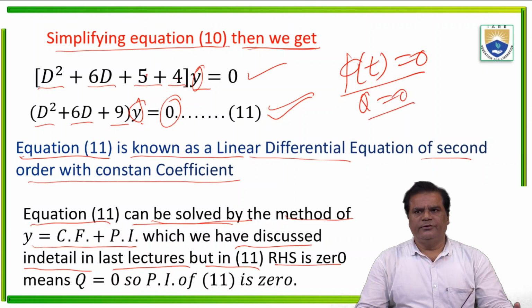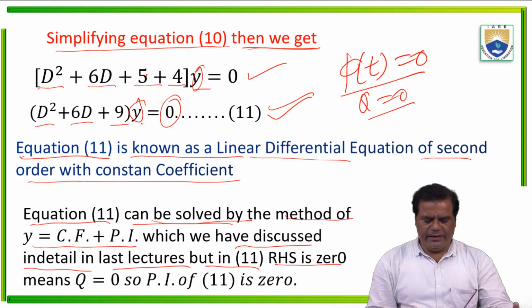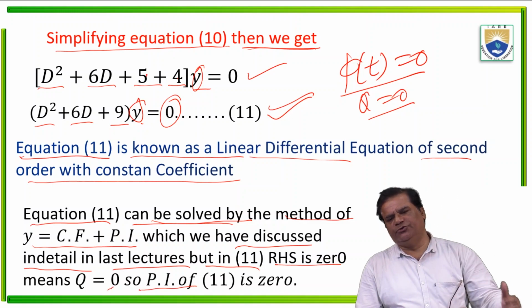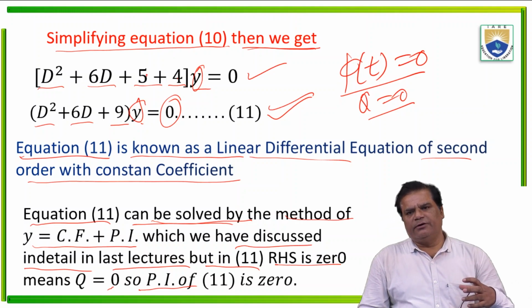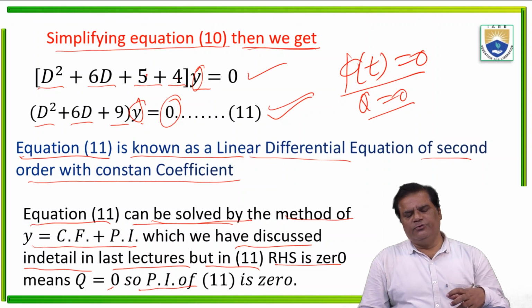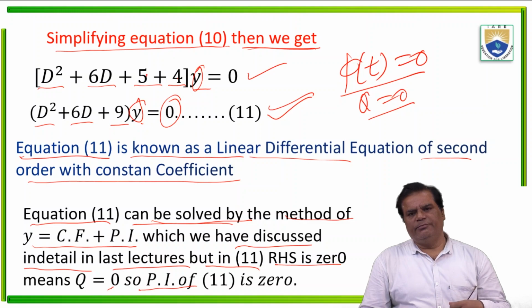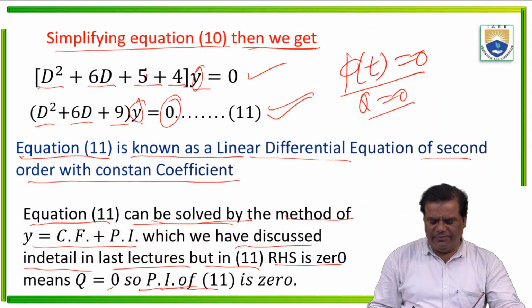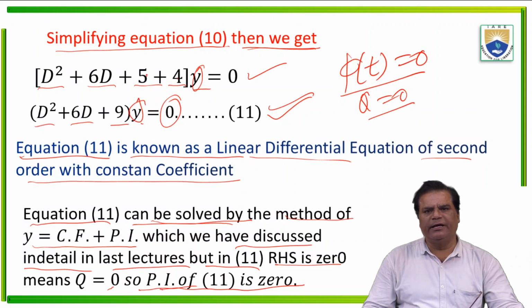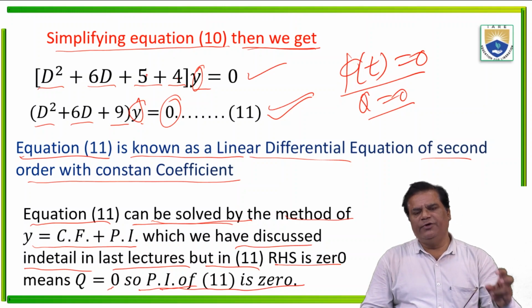If in any linear differential equation of second order with constant coefficients the right-hand side value Q is 0, the particular integral is always 0. So here the PI of equation 11 is 0. We cannot find a particular integral; we find only the CF, the complementary function.